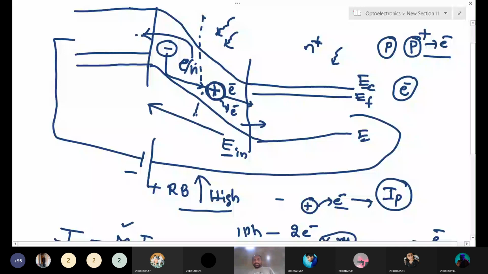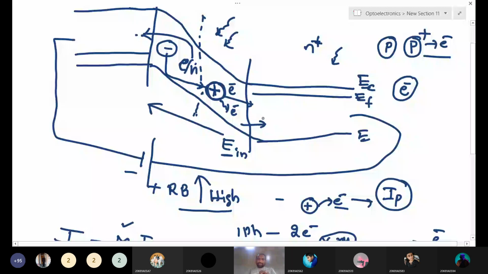In this way, we immediately separate photo generated electrons and the electrons generated in impact ionization, using the internal electric field. At a time we are getting high current; even though light intensity is low, we are getting high current. That is the main advantage and working of this photodiode.